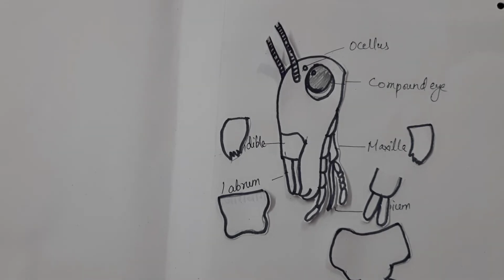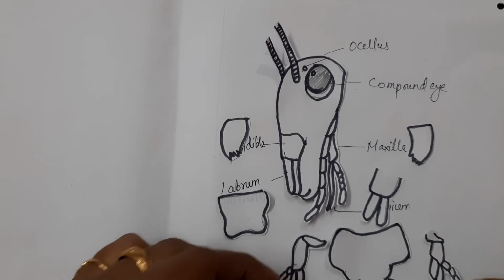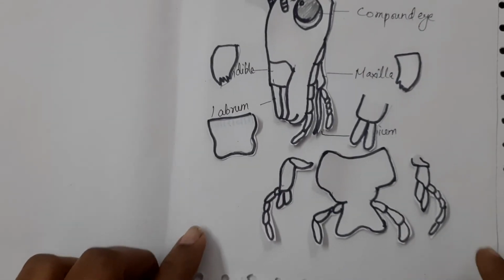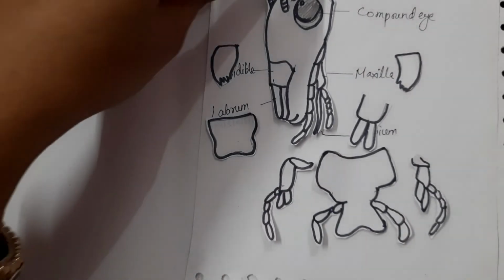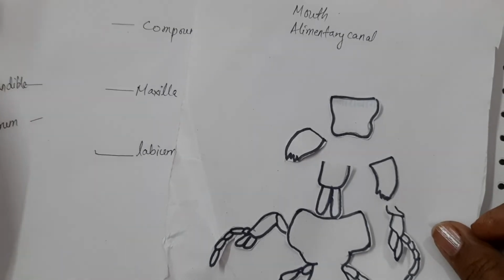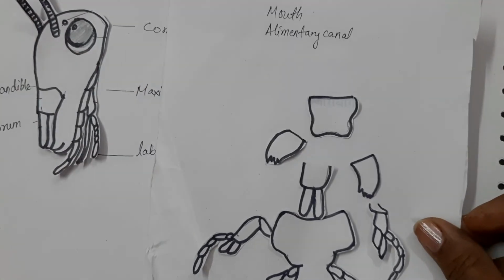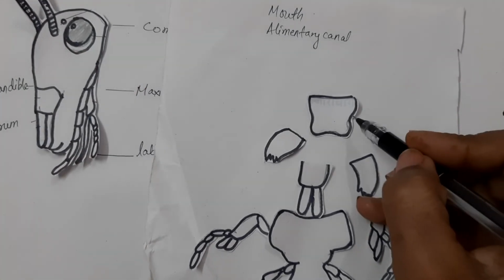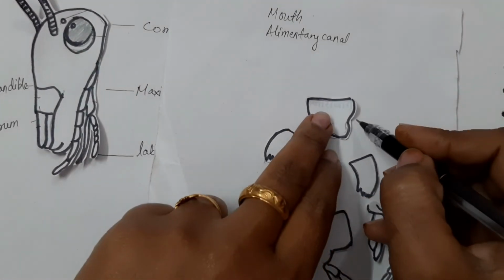Then a pair of maxilla on both sides. Here, this one is the labrum.